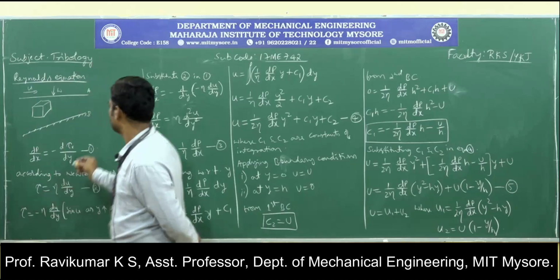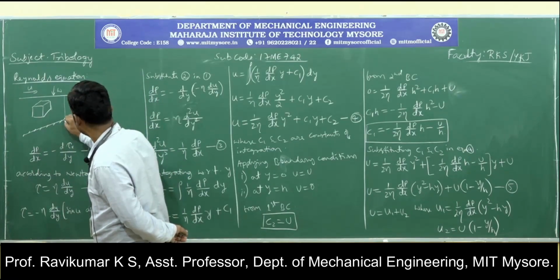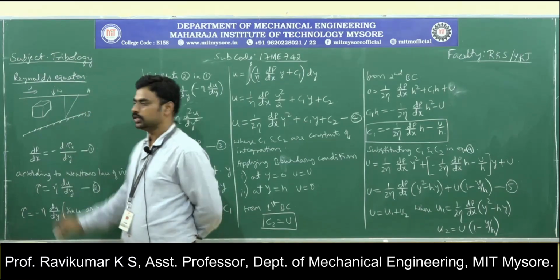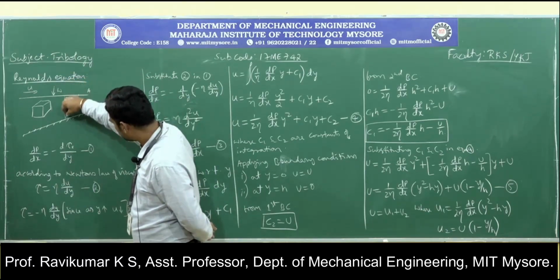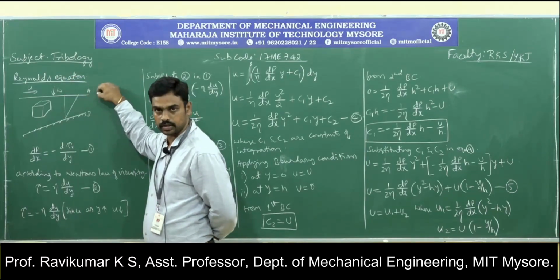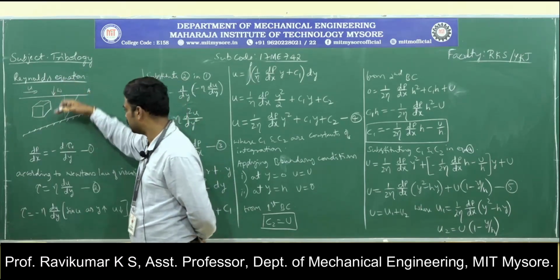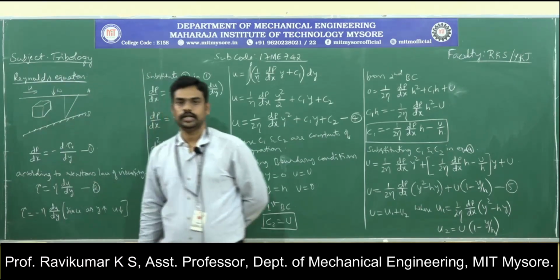We can have a look at the velocity distribution. It will be something like this. So velocity is maximum at the moving surface and minimum at the stationary surface. So as y increases, velocity decreases.